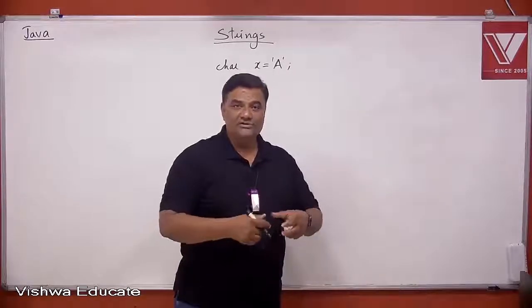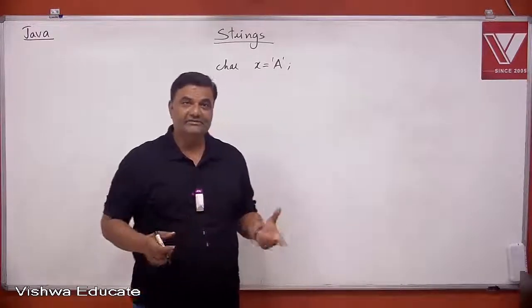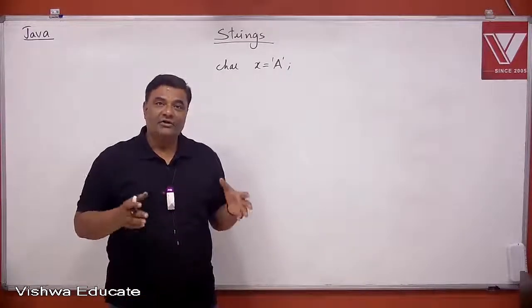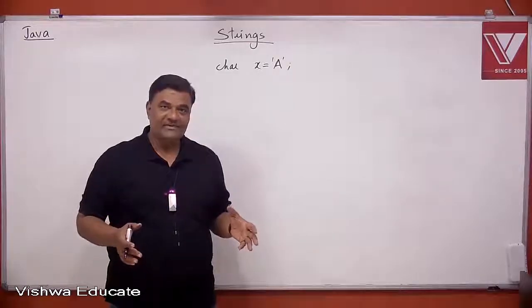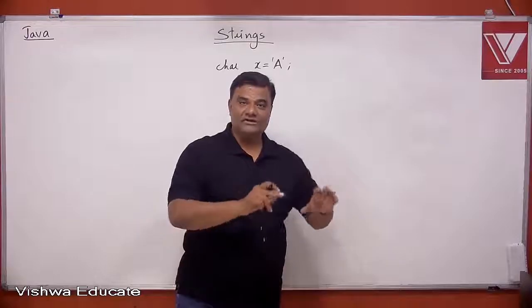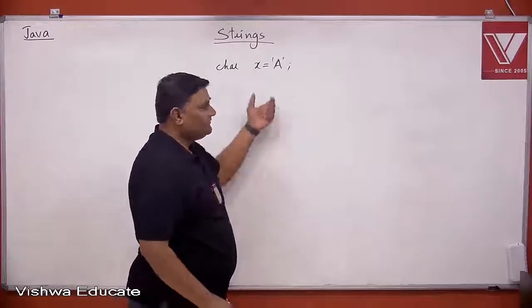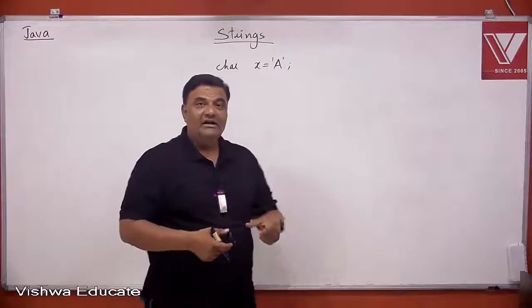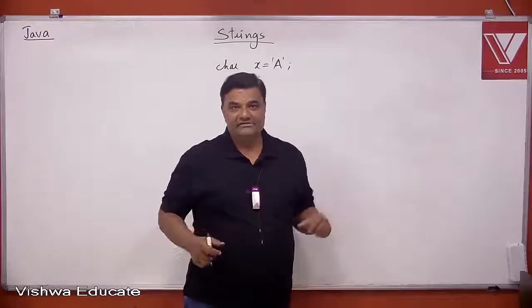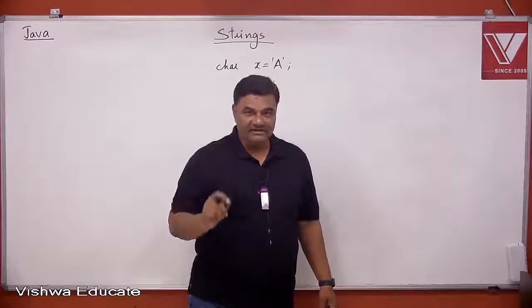We want to store a name or sentence or the name of a place or person. So we want to write text, a collection of characters. When you want to store a collection of characters, we need not just one variable, we need an array of characters. So yes, a string is an array of characters.